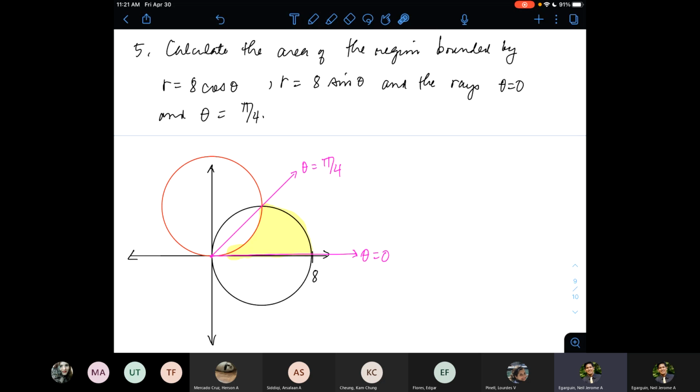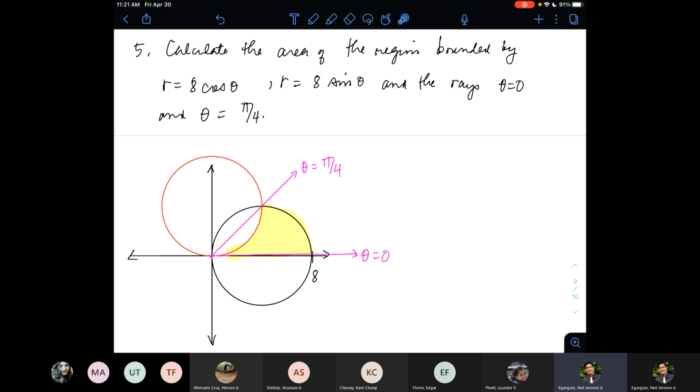Okay, then let's set up the integral. Yeah, that's also my first instinct. I was thinking about this region and evaluating this. But I realized it is not bounded by the black circle at all, right? It doesn't touch the black circle at all, except possibly at that single point there and at the pole.